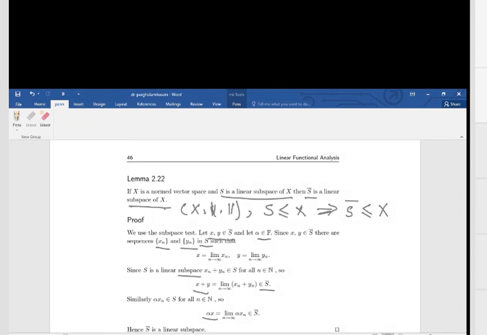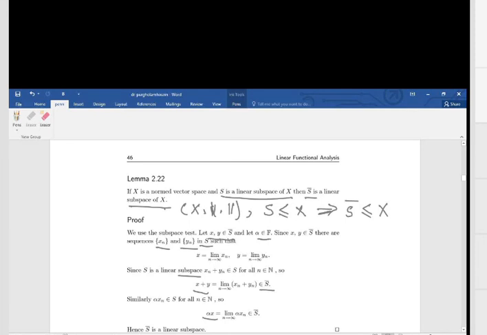Any sequence in S converges to a member of S bar. So because xn plus yn is in S, the limit of xn plus yn, that is x plus y, must be in S bar. So we prove that for any two members x and y in S bar, the addition of these two members is in S bar too.